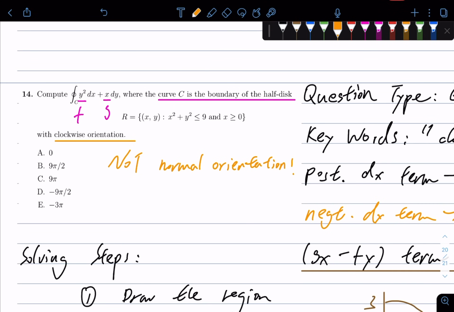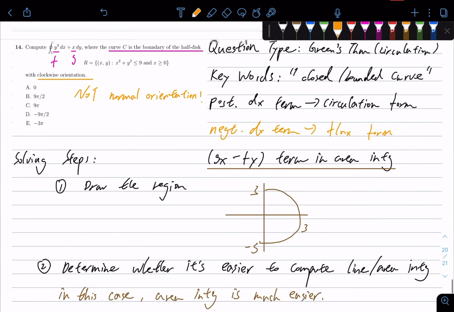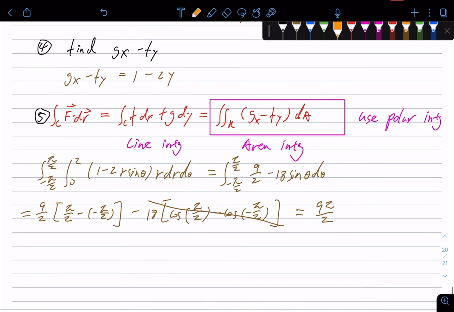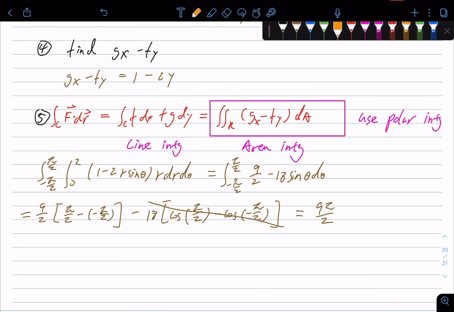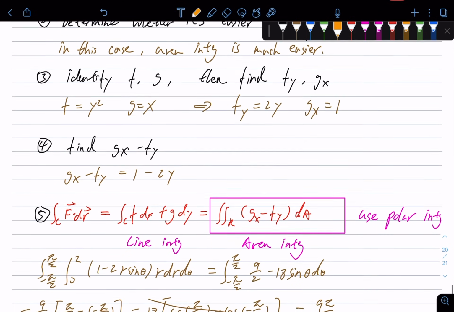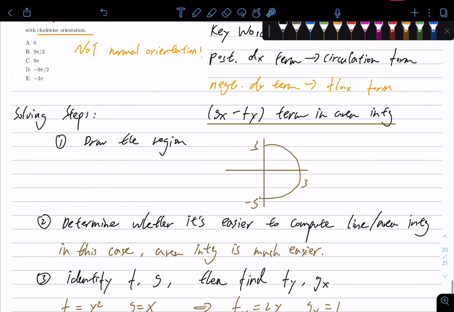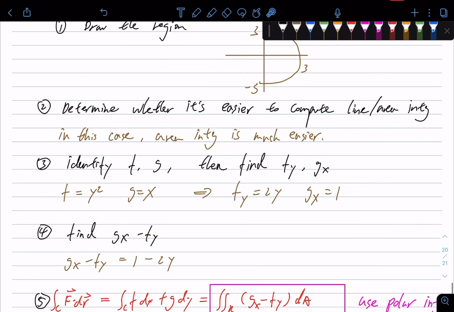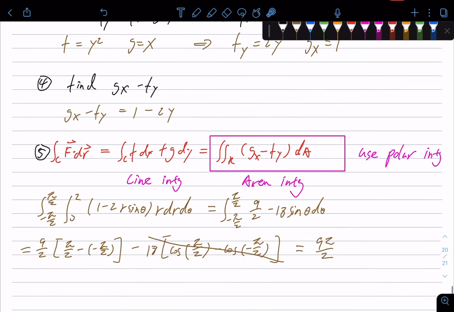So because we use the normal orientation, we assume the parameterization follows from negative pi over 2 to pi over 2. This is a counterclockwise orientation, right? It's the opposite of what the question wants.